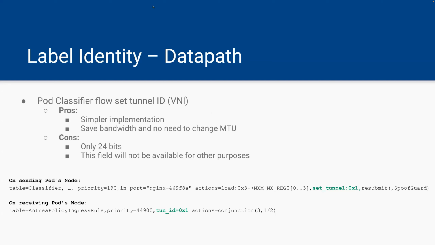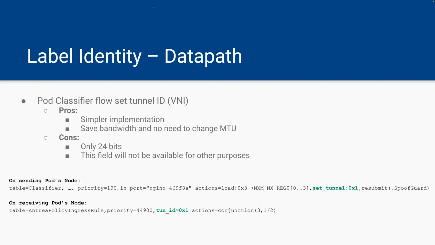If you can see the green highlighted bits, it says set tunnel. This sets the VNI ID in OVS for this specific traffic, and the value set is the label identity ID assigned.